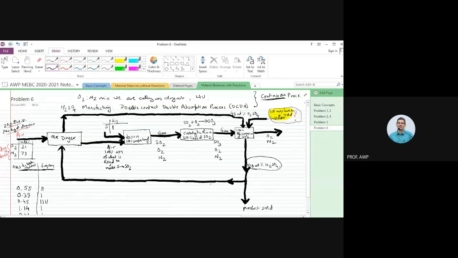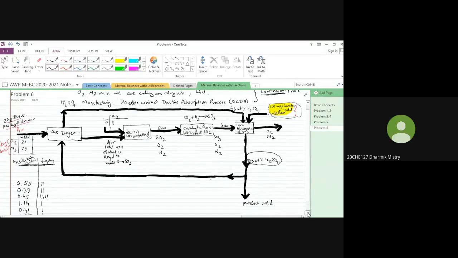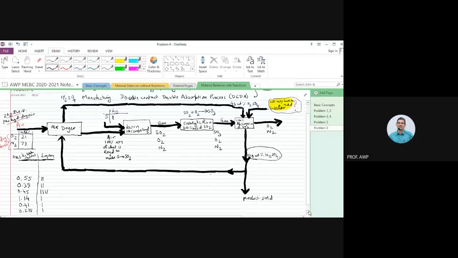Sir, I'm getting 0.39. 0.39. Hello, sir. Sir, are we adding water to make the solution 93 weight percent, or are we adding it for the absorption process? Where is the arrow going?